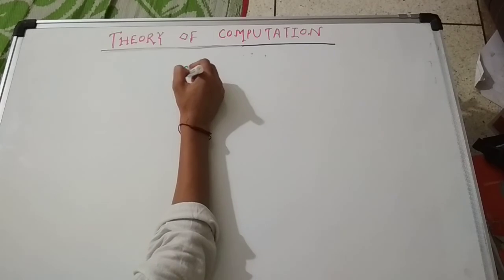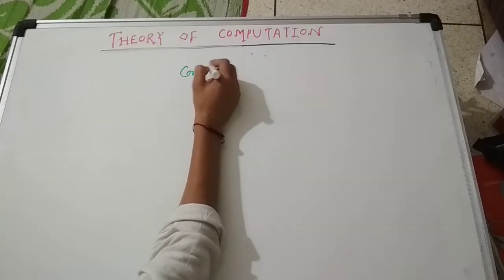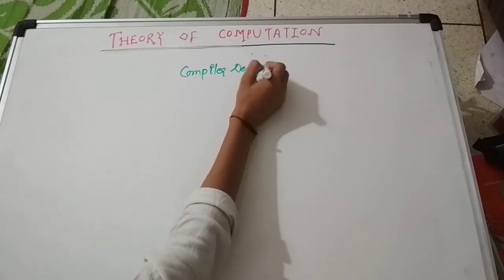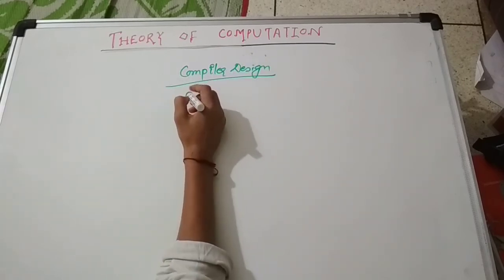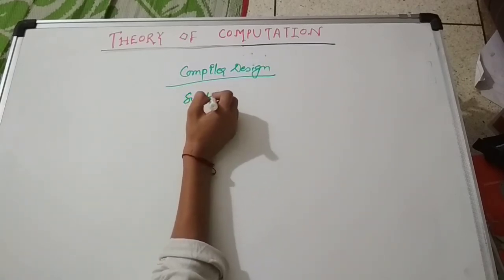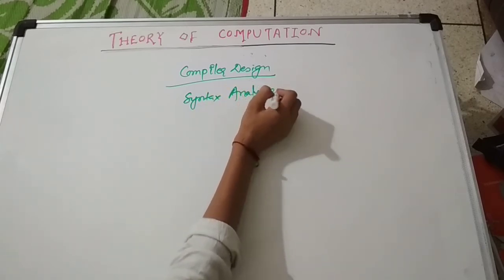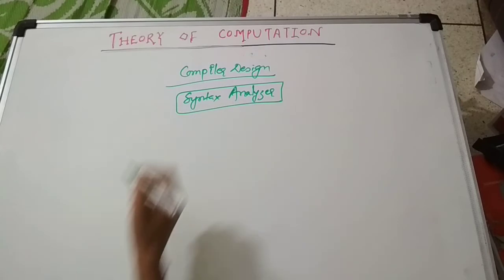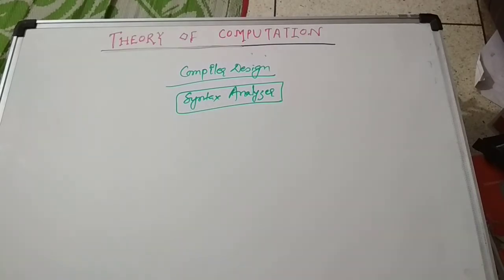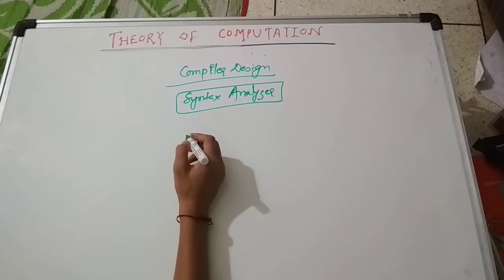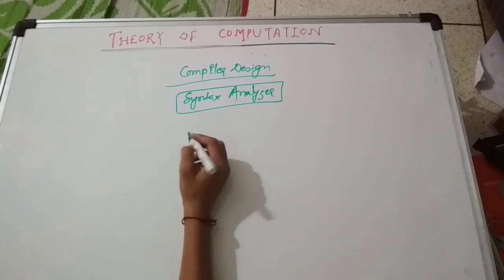If we read compiler design, there is one phase called syntax analyzer. What does it check? Whatever syntax or code you are writing, it checks whether the string you are passing is actually correct or not. So how does it actually check?